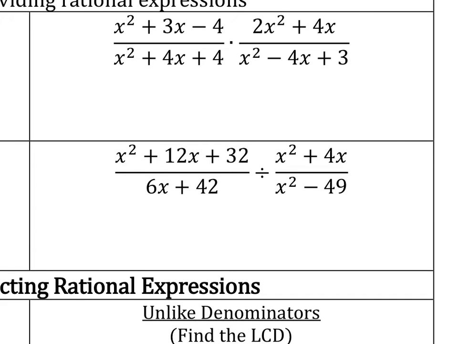Okay, now let's look at a slightly more complicated one where you need to do lots of factoring before you cancel.